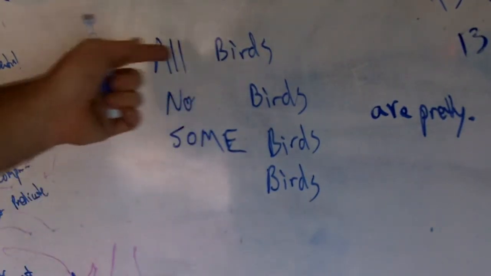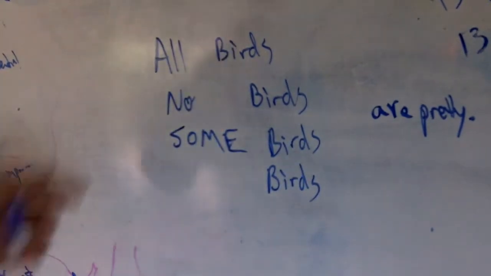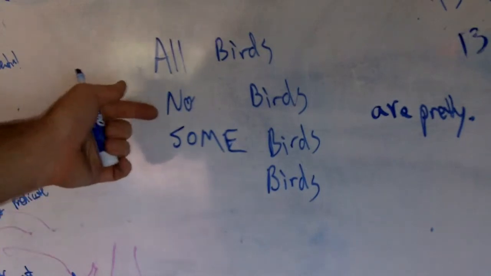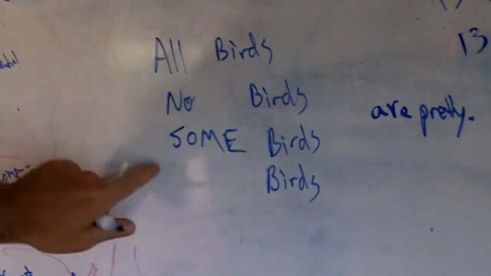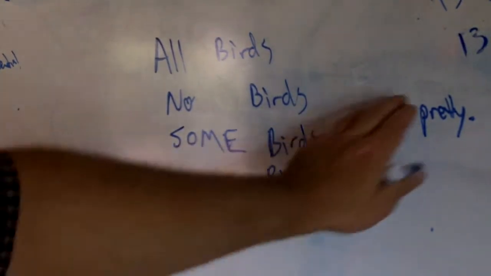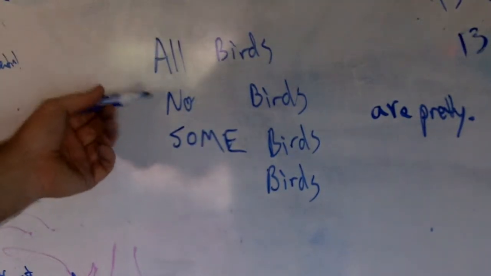Why is "all birds are pretty" not the contradictory of "no birds are pretty"? It's because they need not necessarily be true or false at the same time. In other words, if I say no birds are pretty, and to contradict that I say some birds are pretty, and I prove that some birds are pretty, I've contradicted that no birds are pretty. But if I say that no birds are pretty and then prove that all birds are pretty, it's not necessarily true that one is true and one is false.